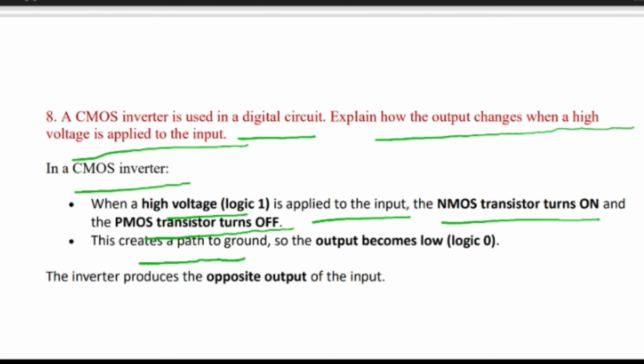This creates a path to ground, so the output becomes low, logic 0. The inverter produces the opposite output of the input.